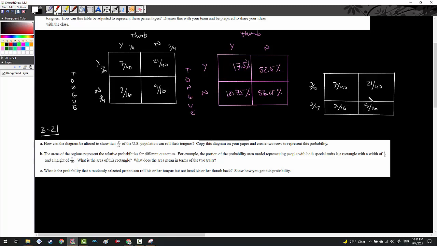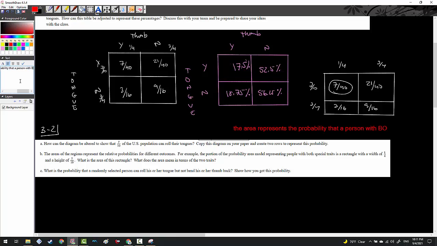And so it says, for example, the portion of the probability area model representing people with both special traits with a width of 1/4 and a height of 7/10. What is the area of the rectangle? Well, the area of that rectangle with the 1/4 here and the 3/4 here, the area is 7/40ths, and the area means that the probability of getting a person who can do both, in fact, I'll type this out. So the area represents the probability that a person with both traits will be selected.